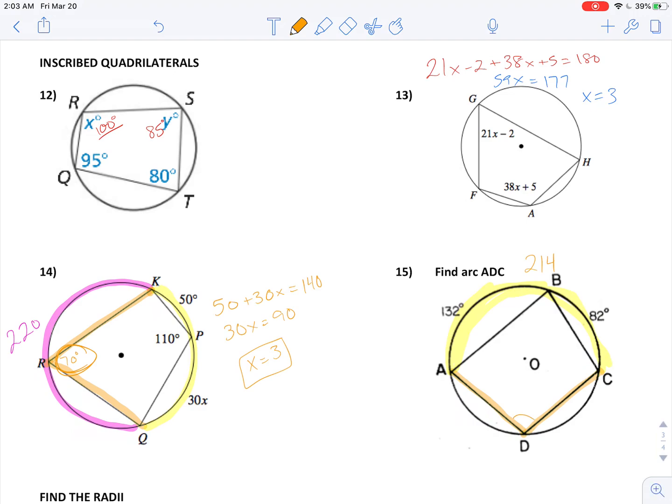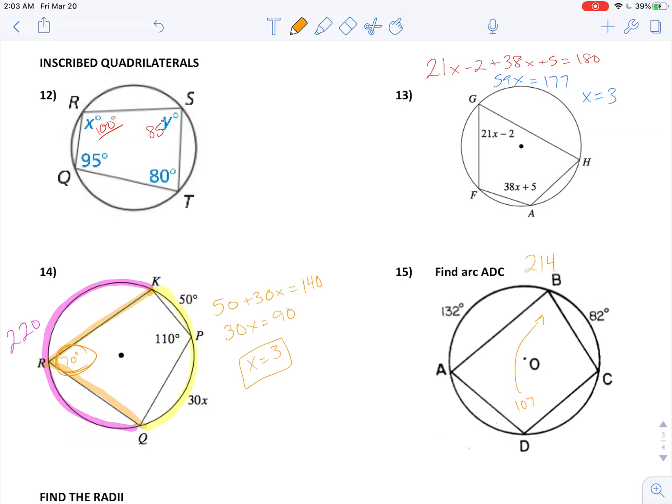Well, let's follow these endpoints here. And that would be angle ADC. And it's inscribed, so it must be half of 214 or 107. So, just from that one piece of information, just taking these two known arc measures, we could find 107.